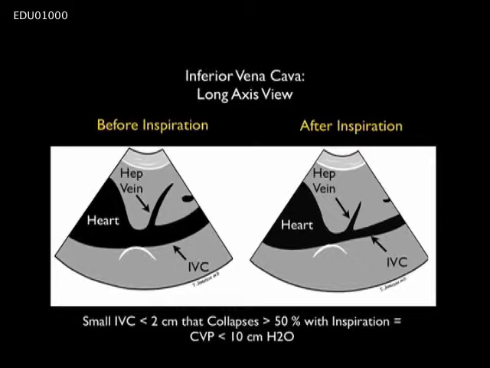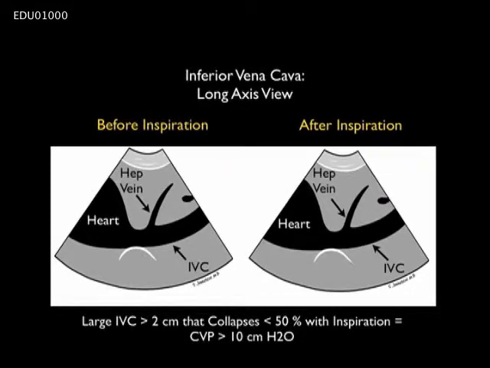A small IVC that measures less than 2 centimeters and that collapses greater than 50% with inspiration or a sniff maneuver generally correlates to a lower CVP, less than 10 centimeters of water. Conversely, a larger IVC, greater than 2 centimeters, that collapses less than 50% with inspiration or sniff maneuver correlates to an elevated CVP above 10 centimeters of water. In this way, we can use analysis of the IVC to get valuable information about the patient's central venous pressure.